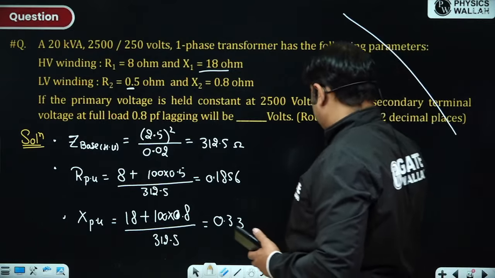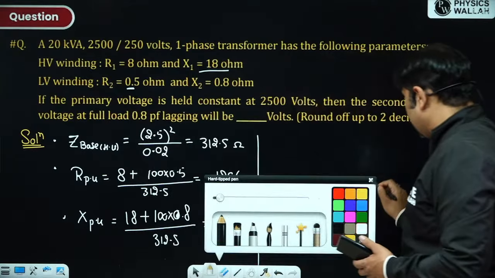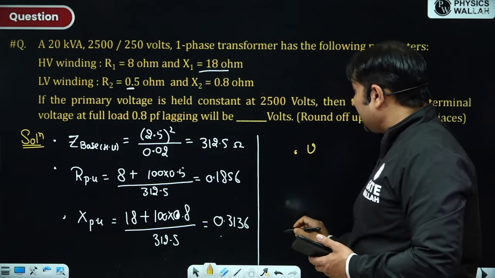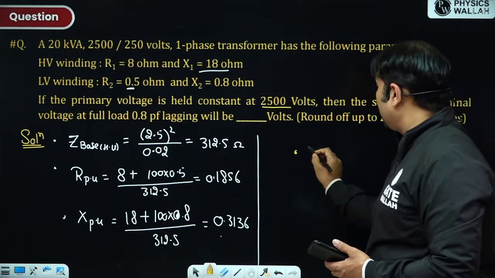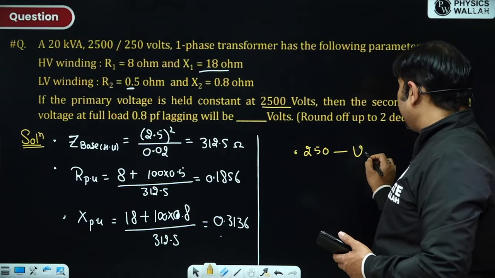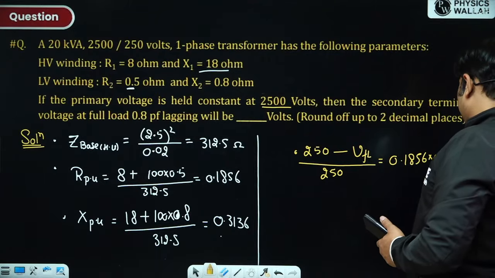Once you have these two values, the secondary terminal voltage is very easy to calculate. At no load, if we apply 2500 volt, the secondary side voltage is 250. The voltage we need to calculate under full load condition is the rated voltage 250 multiplied by 1 minus the voltage regulation, which is R per unit cos phi plus, because of lagging power factor, X per unit sin phi.